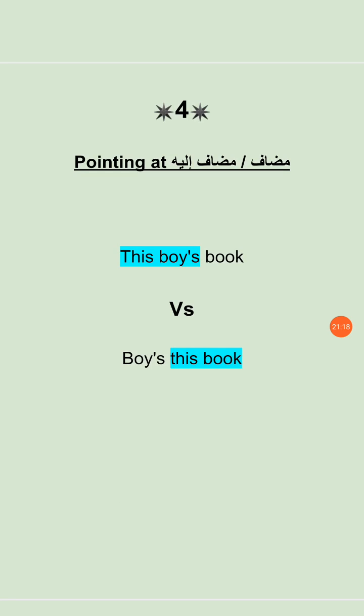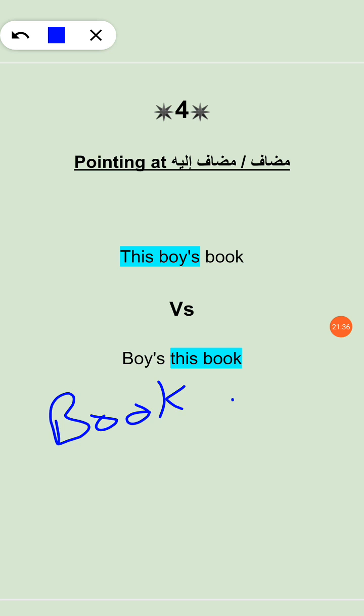I know that by now you guys are experts of the muzaf muzaf ilayh fragment, because we have done quite a lot of examples and spent a lot of time on muzaf and muzaf ilayh. So for example, book of this boy. For those who haven't done this yet with me, book of the boy.